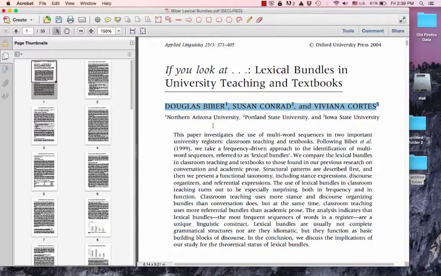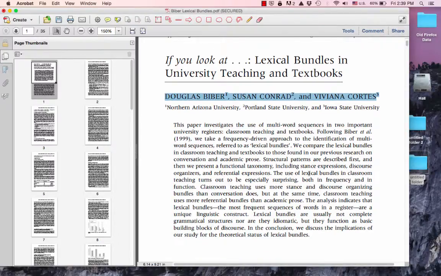So the basic premise is that these people ran all the textbooks into a computer and found multi-word sequences.